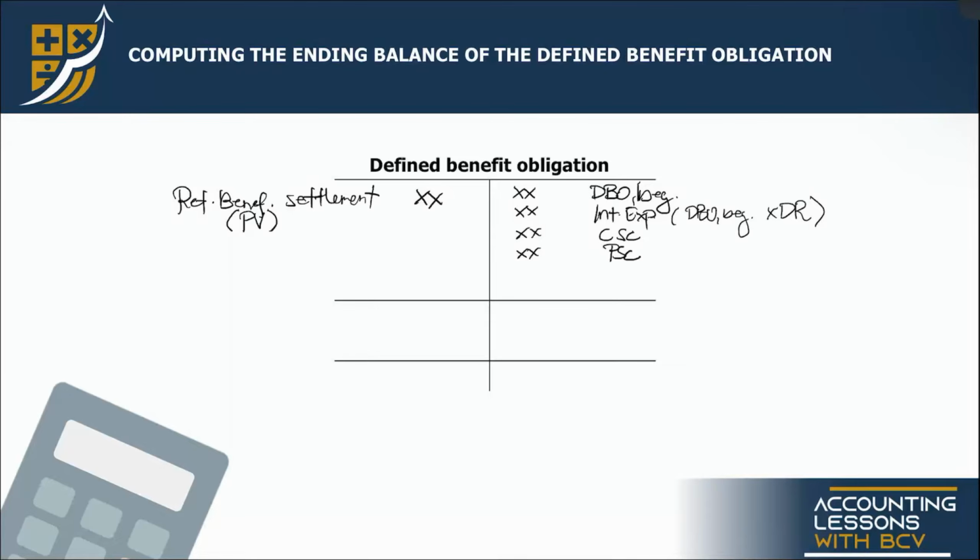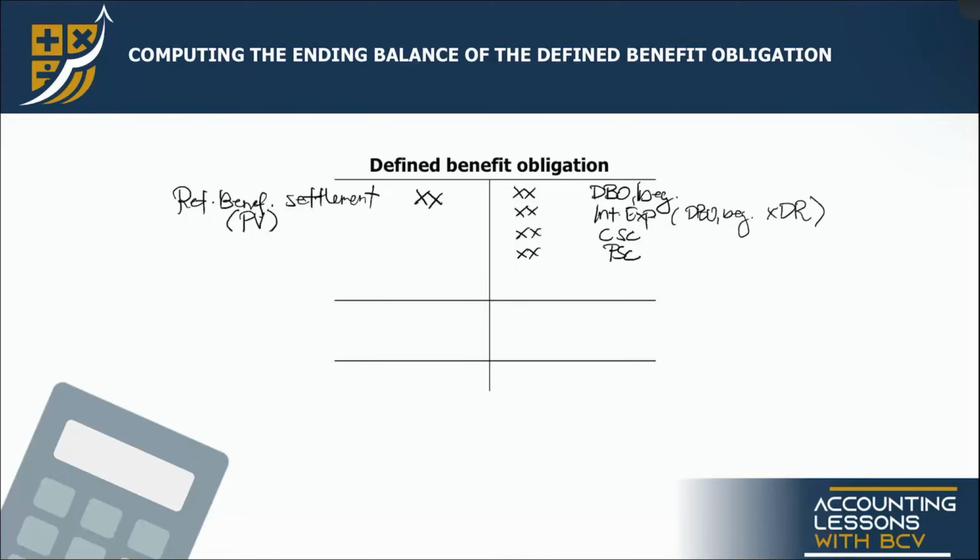So wala tayong problema doon. Kung magkano kasi yung present value ng retirement benefits ng mga employees na magre-retire as expected, then there would be no gain or loss on settlement. No? Kaso, kapag nagkaroon tayo ng premature retirement, doon nag-a-arise yung difference between the settlement price and the PV of DBO settled. No? So tatandaan nyo, pagdating kay defined benefit obligation, yung present value ng benefits ang tatanggalin nyo sa kanya.